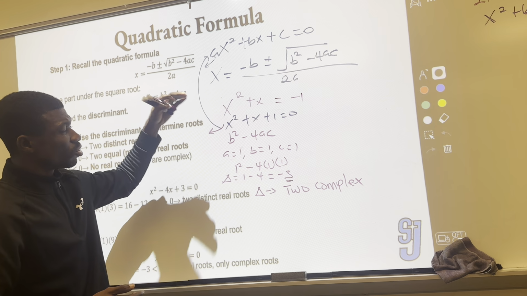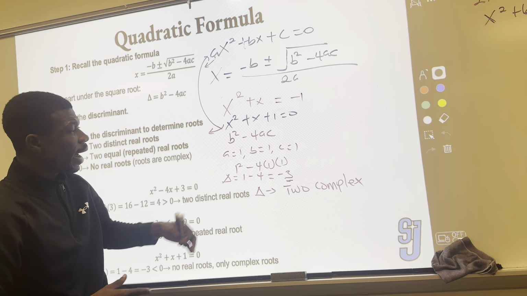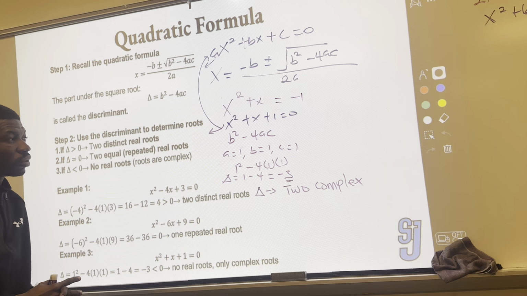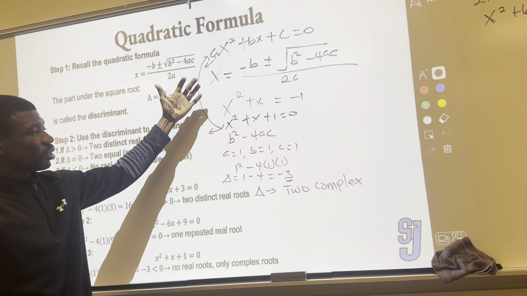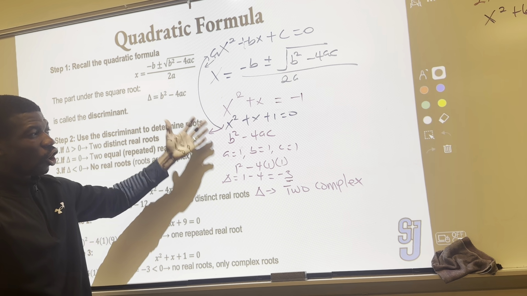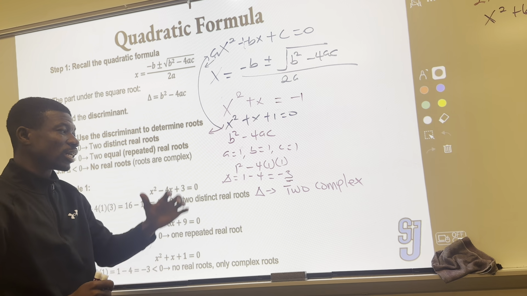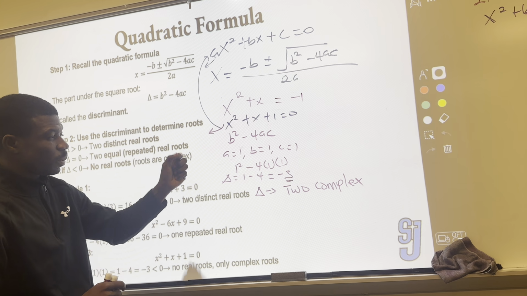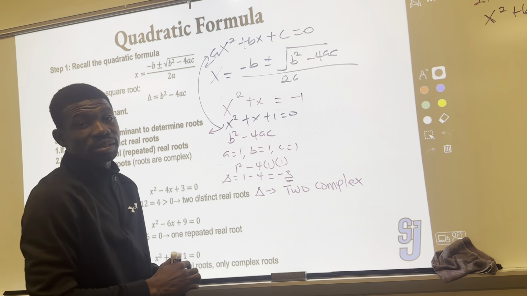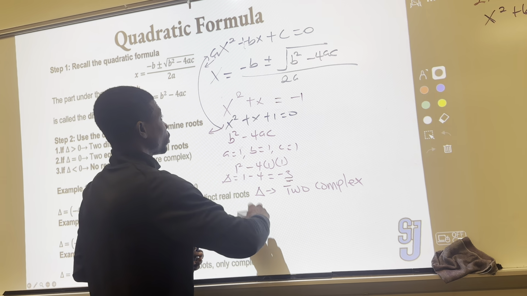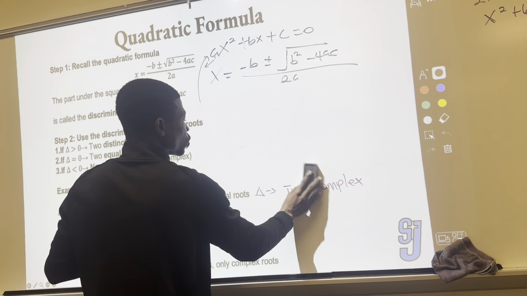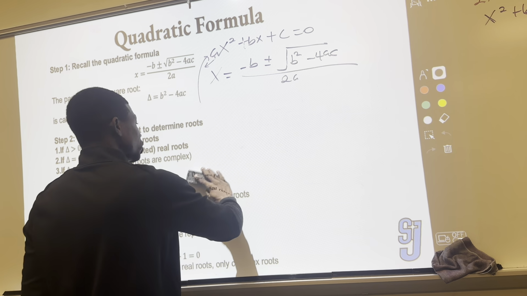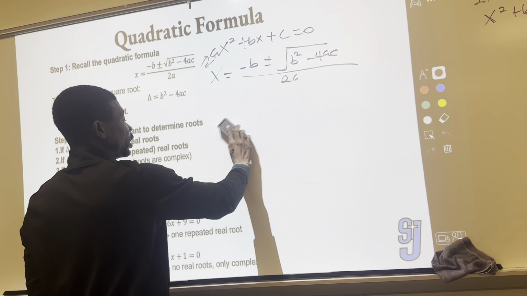If you are asked to solve for the nature of roots, or solve for the discriminants and determine or explain the roots, this is how we're expected to go.